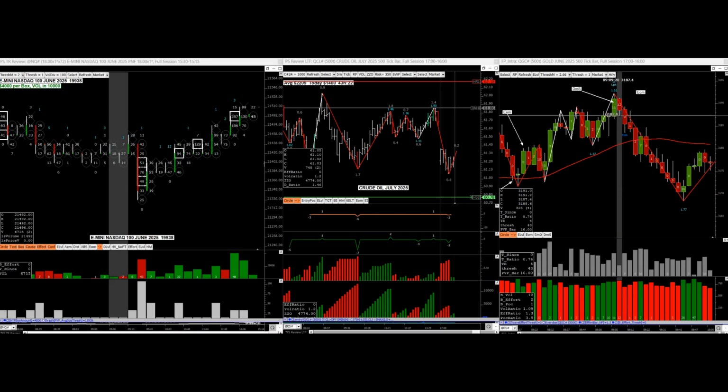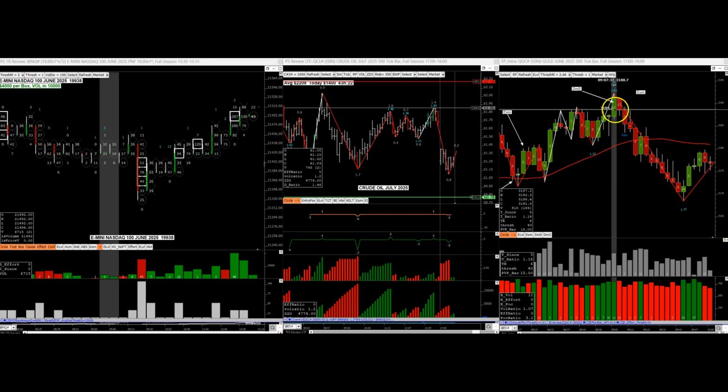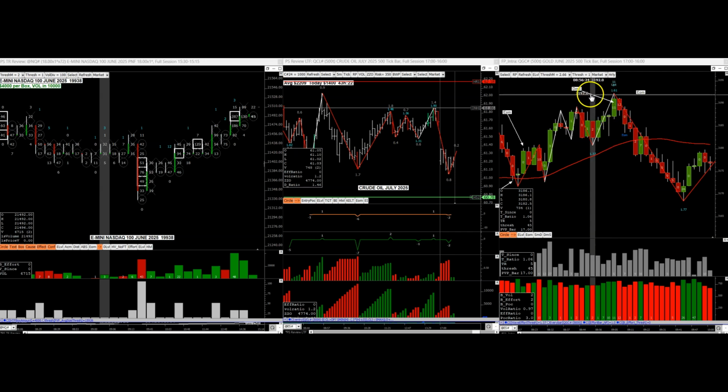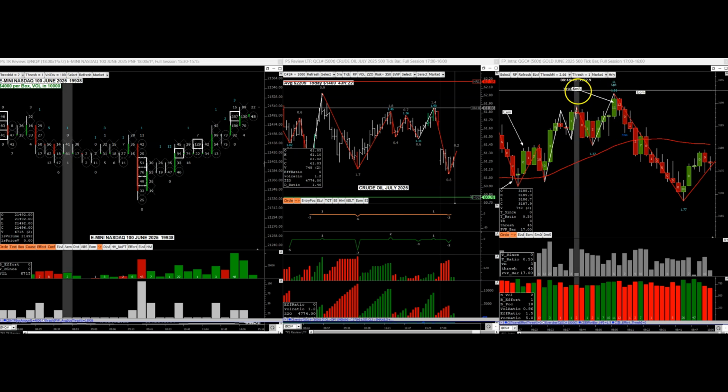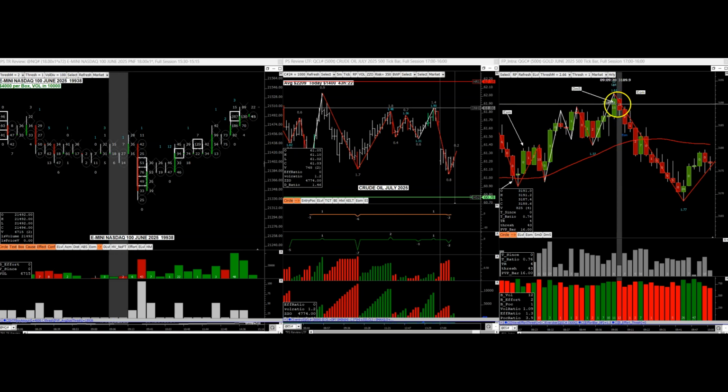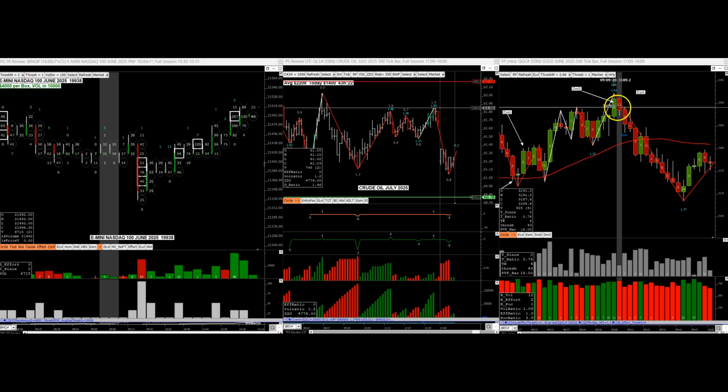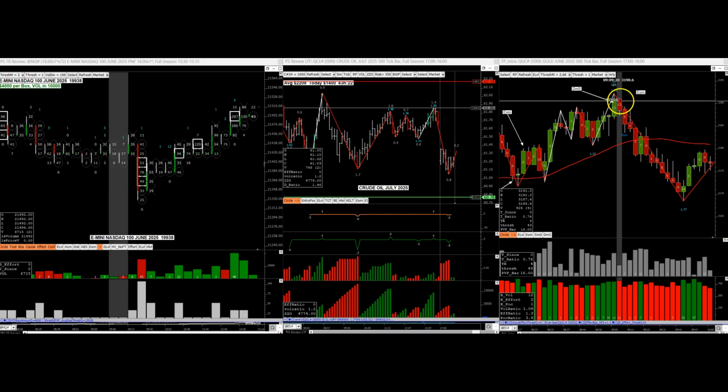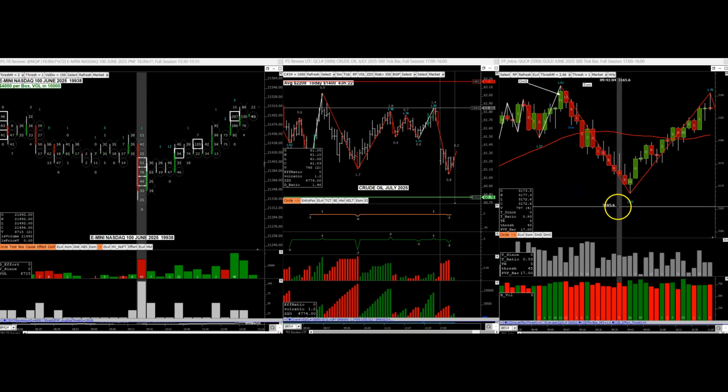Sometimes you see ease of movement right away, sometimes supply will show its hand. There's more volume in this red bar than there is in this green bar. So that means demand is meeting supply, literally. Look at this, 11 and 12. Most amount of volume in 11 bars, most amount of volume in 12 red bars. Done.